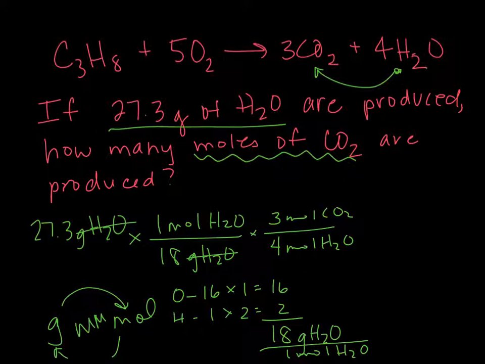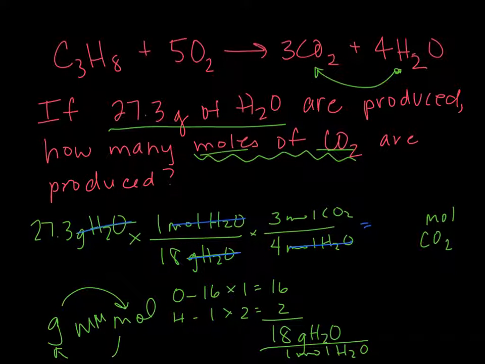And so that gives me what I want, because I want to end with moles of CO2, and I have moles of CO2 right here. And all my other units cancel out. Moles of water canceled out, grams of water canceled out. So whatever I get after I put this into the calculator is going to be moles of CO2.